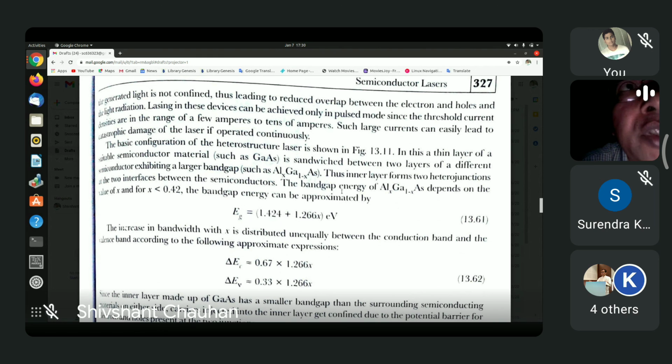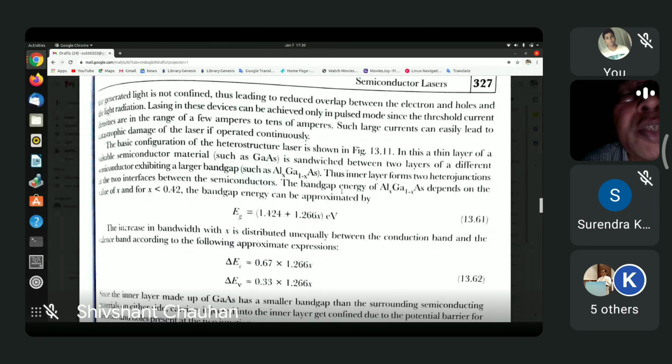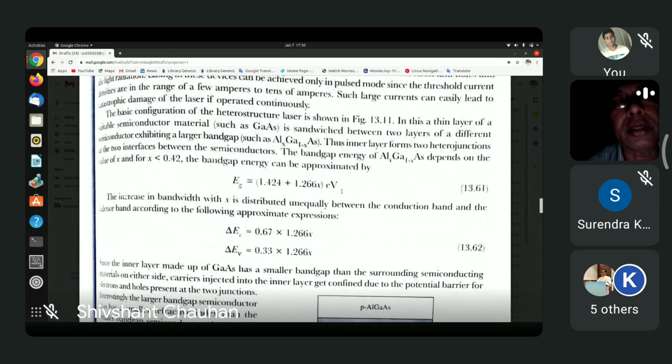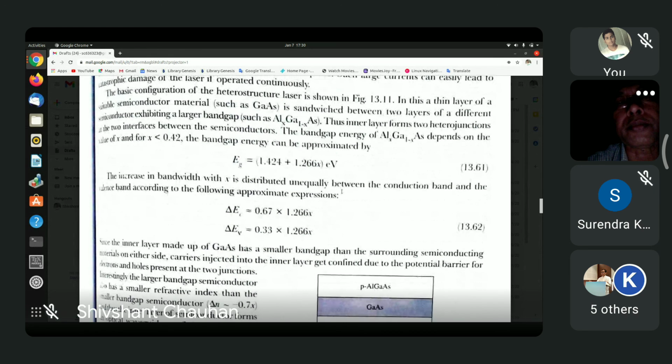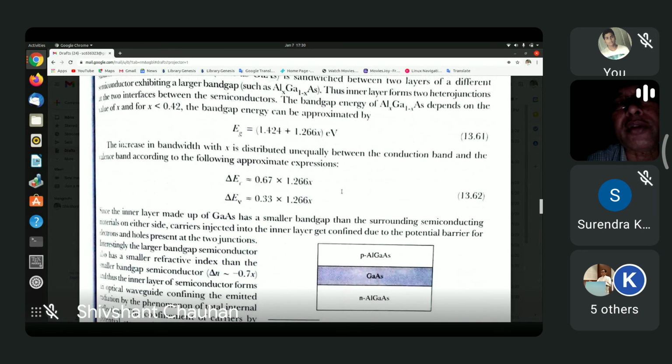So the separation between the bottom of the conduction band and the top of the valence band increases as you increase x, as you can see from formula 13.61. As you increase x, the gap increases because the bottom of the conduction band rises, the top of the valence band gets down lower.